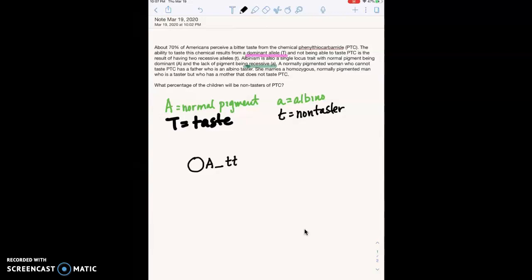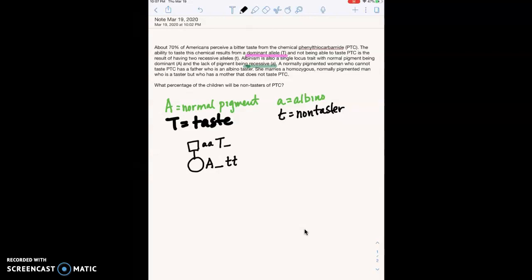She had a father who was an albino taster, so this is her father, and her father was albino, so he had to have been little a, and he was a taster, so I know that he has one big T and then something, right?